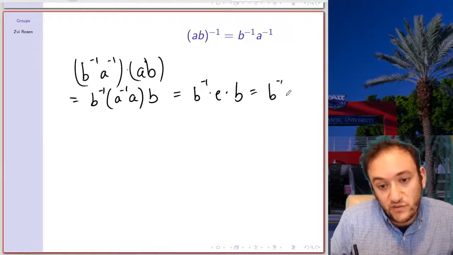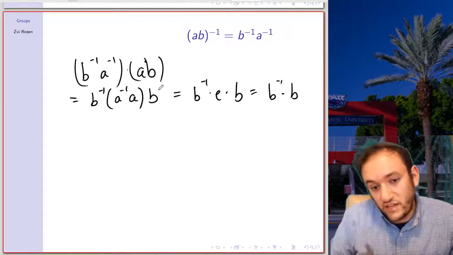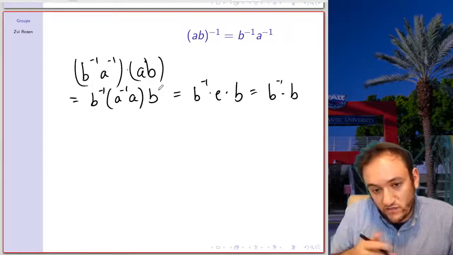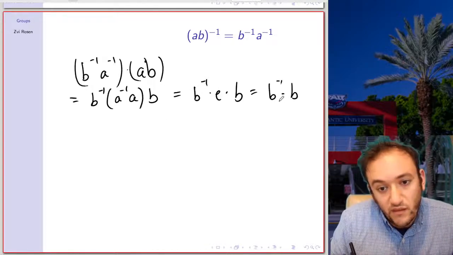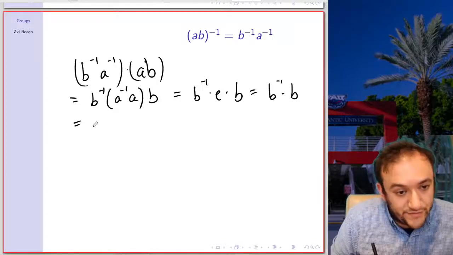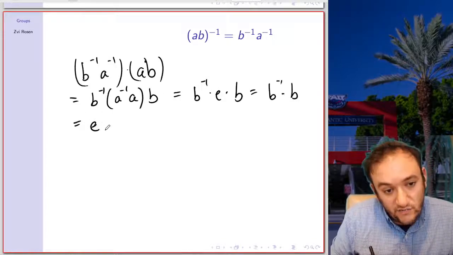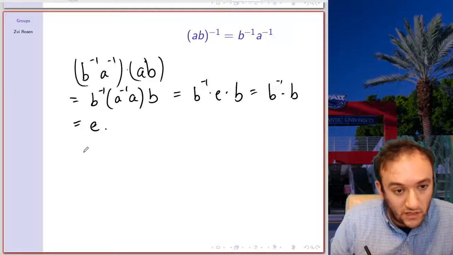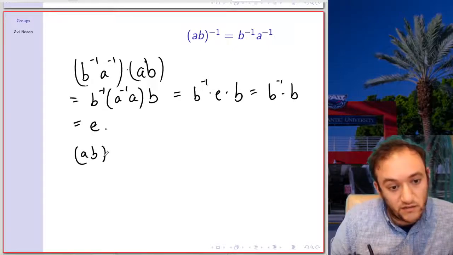That's just B inverse times B. You can combine the identity with either one of them without changing it. And B inverse times B is just E. So this works as an inverse on the left, and will also work as an inverse on the right.